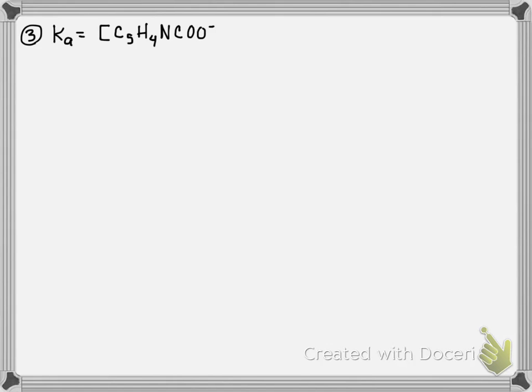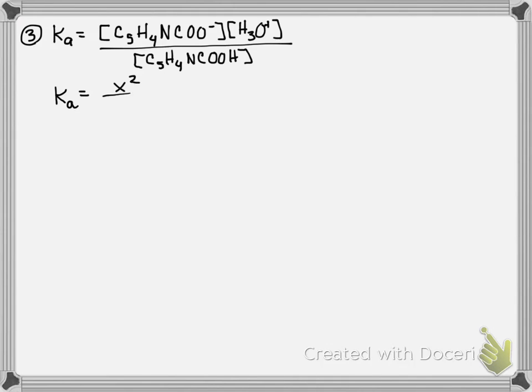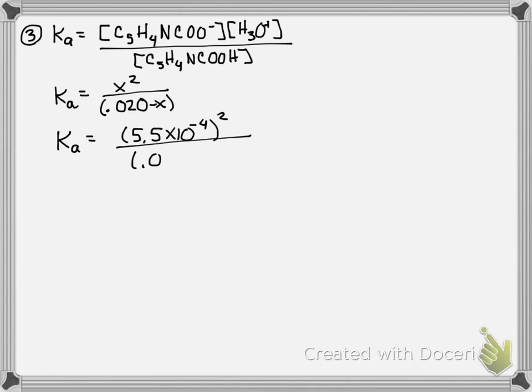Products over reactants raised to the power of their coefficients, putting brackets around them to indicate that those are concentrations, and also very importantly again, equilibrium concentrations always in a Ka expression. This is an equilibrium constant expression, it's just a particular one for an acid. We now know that that's x times x over 0.02 minus x. We know what x is, so we can put the numbers in, and then we can just put that right in the calculator. No units, of course, for Ka.